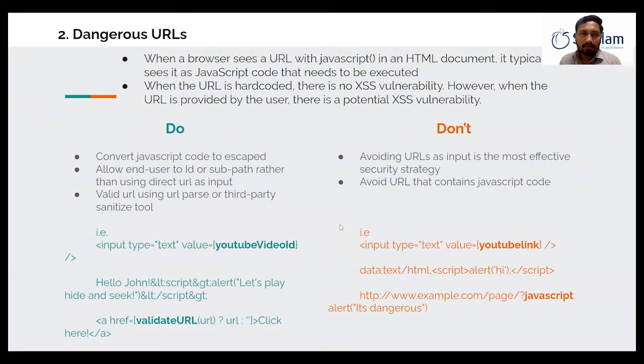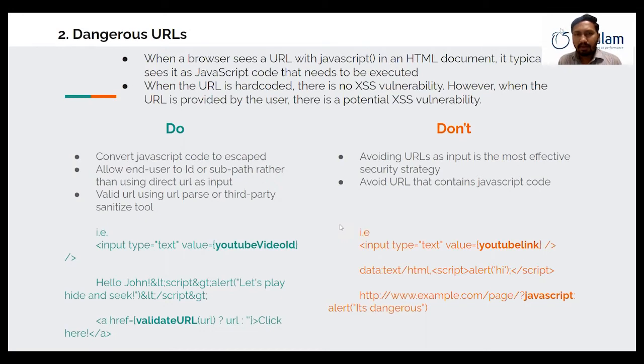Another is dangerous URLs. These are the cases where we directly use HTML pages or third-party links to display content in a React application. For example, we may want to display YouTube links directly. So we have to check the URL rather than directly using it as an inner HTML tag.